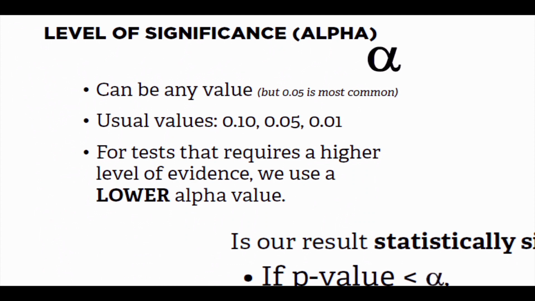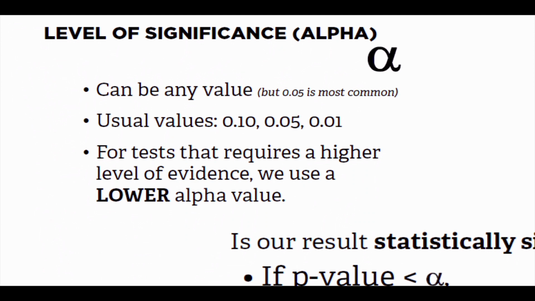Let me read that one more time because it's kind of opposite of what you think. For tests that require more evidence to prove a claim wrong, we actually use a lower alpha level. That's a multiple choice question waiting to happen right there. What happens if we want more evidence to prove they're wrong?